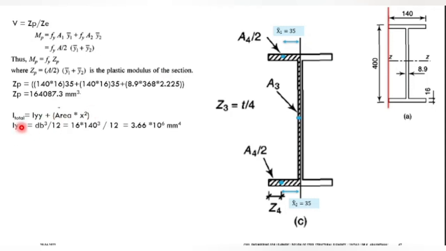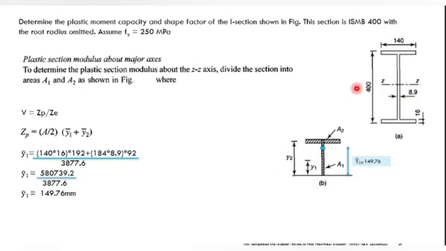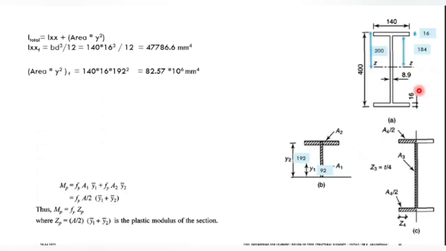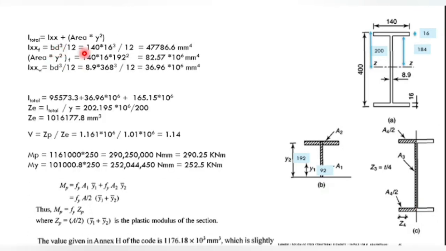You know IYY, what is the formula? dB cube by 12. For the previous case, if you are cutting in the x direction, you will be taking IXX, and IXX will be BD cube by 12. When you are cutting in the y direction, you will be getting the opposite, that is dB cube by 12. So this will be your formula.